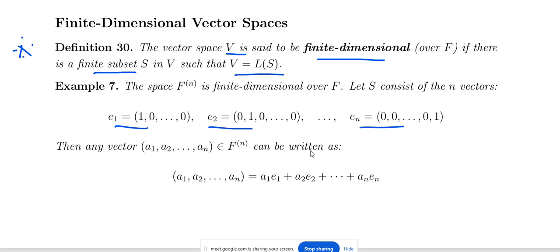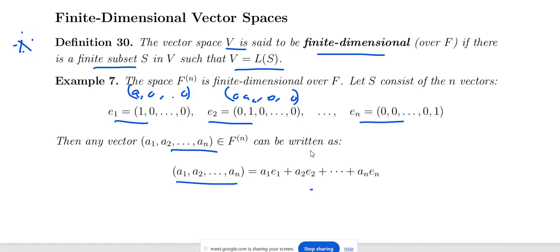It can be written as a1 e1 + a2 e2 + ... + an en, a linear combination of these. e1 is this one, so multiplying by a1 gives a1, 0, 0, 0. Multiplying e2 by a2 gives 0, a2, 0, 0. Adding these two, the first two positions become a1, a2. Adding n times like this, we get this vector.